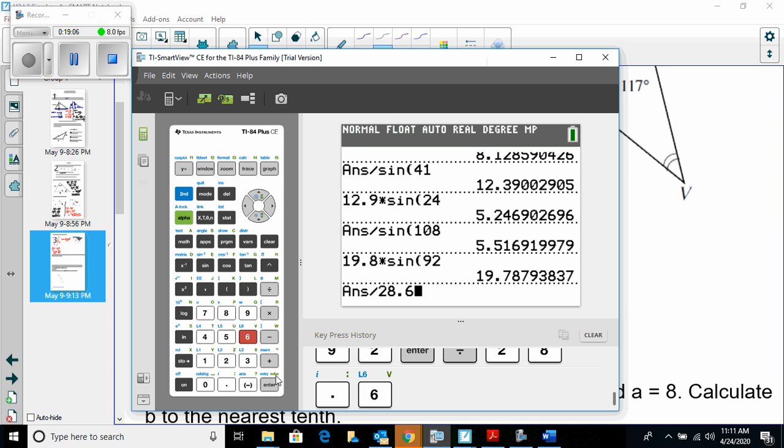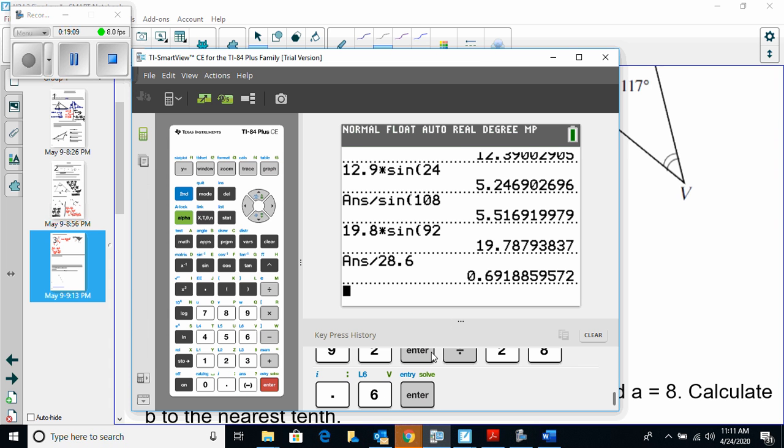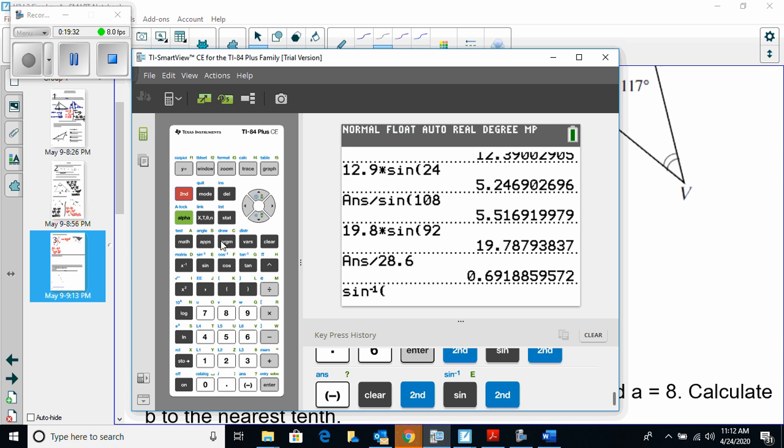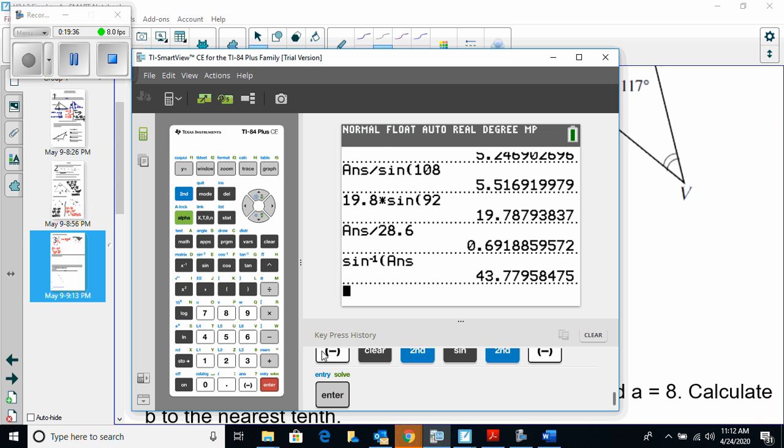This gives 0.6 and so on, so this is the sine value. In order to find the angle, we take the inverse sine of the answer.